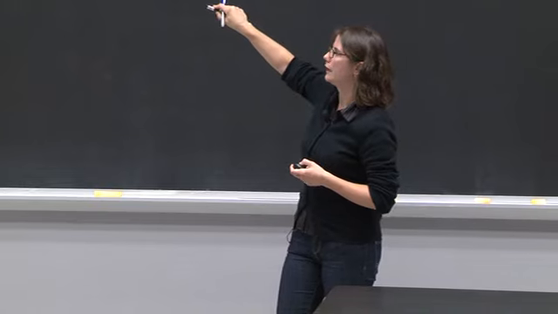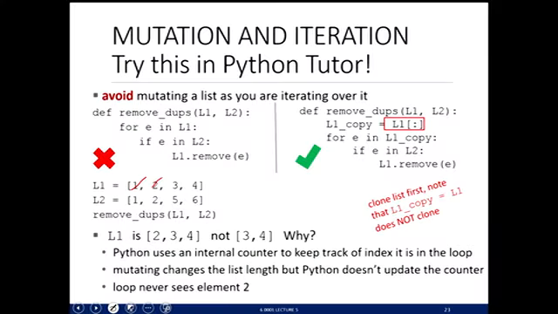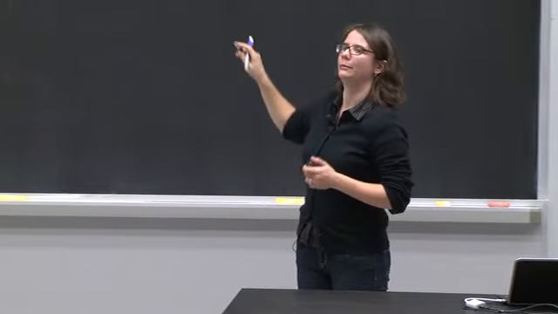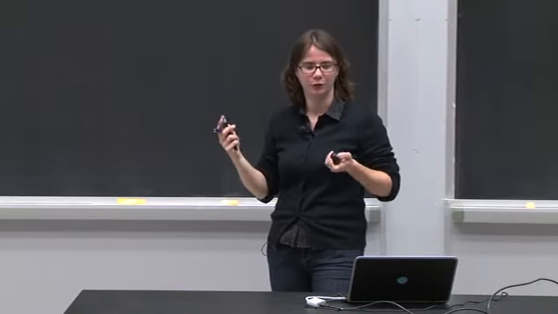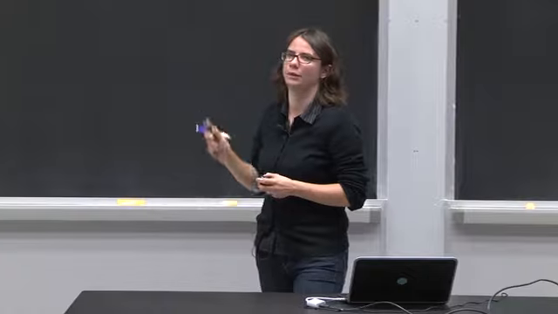So the solution to that is to make a copy of the list first, iterate over the copy, which will remain intact, and modify the list that you want to modify inside the loop. So please run both of these in the Python tutor, and you'll see that what ends up happening is on the left, you're going to skip over one element. Okay, so that's going to be the wrong code.